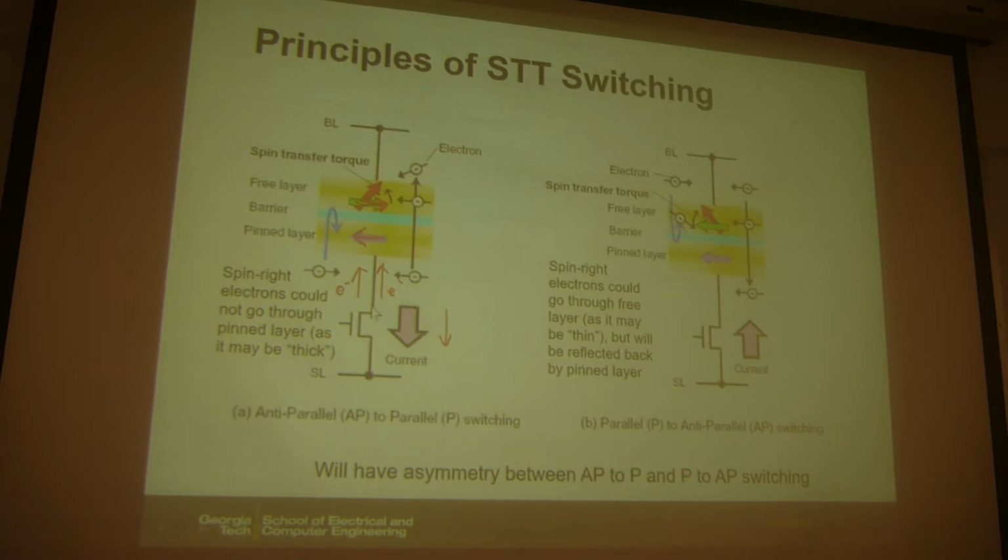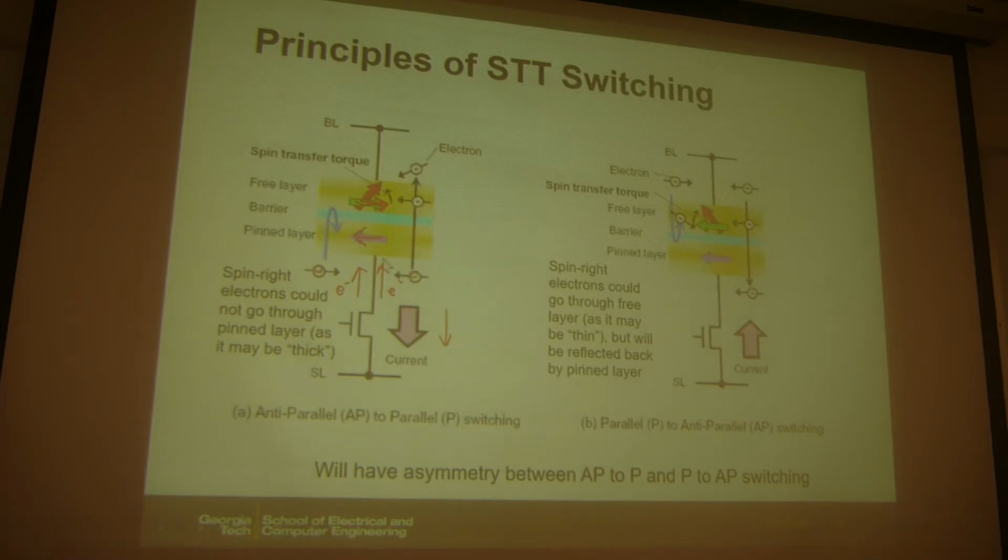So when the electrons coming from this transistor go into the MTJ structure, the transistor current is not polarized. It should have both electron spin up and spin down, or in this case, spin to the left or spin to the right. So this current is a mix of the two spin states. So you will have those two electrons go into this structure.